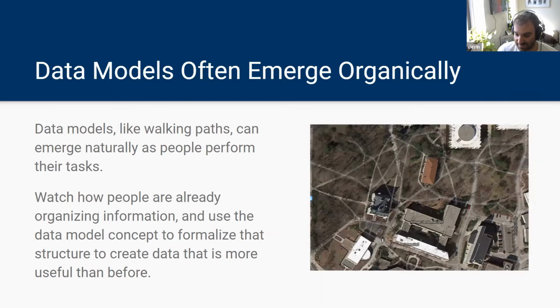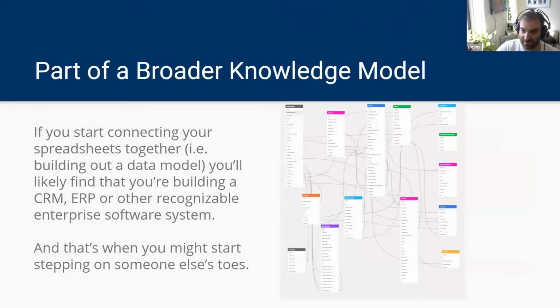It's the data models trying to get out, and it's worth embedding them in a database. If in your organization you start connecting these data models together using a spread base, using Airtable or something like that, you're likely to end up creating a CRM or an ERP or some other recognizable enterprise software system over time, as that information gets increasingly managed.